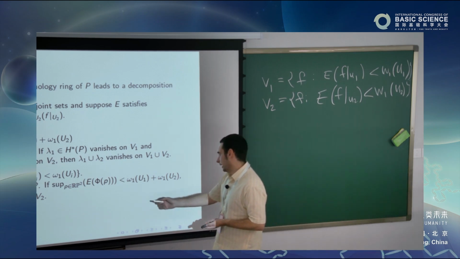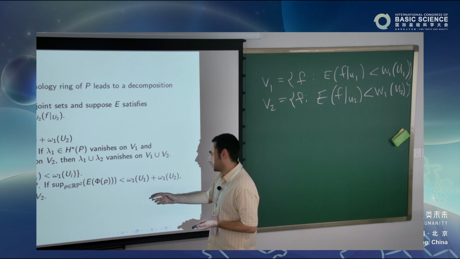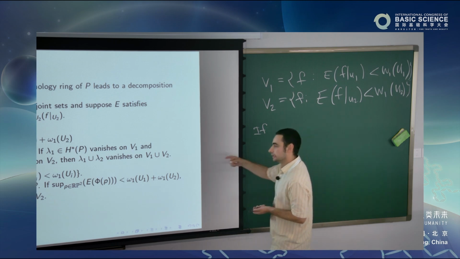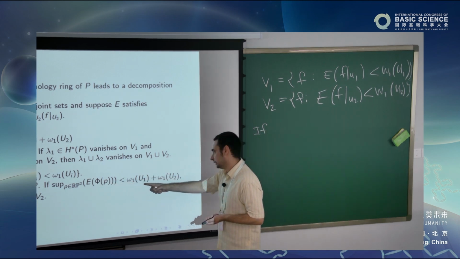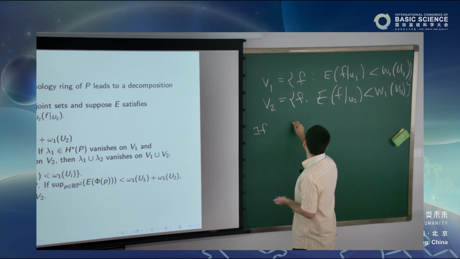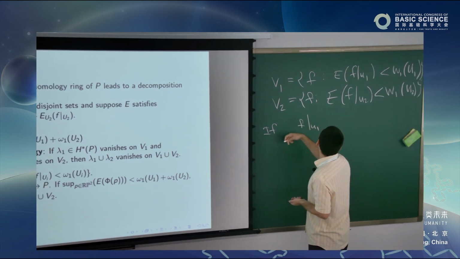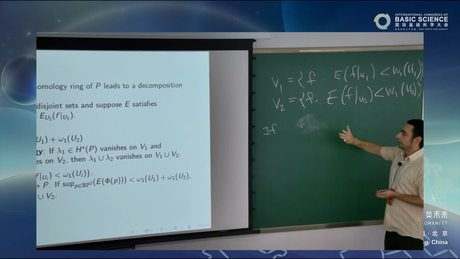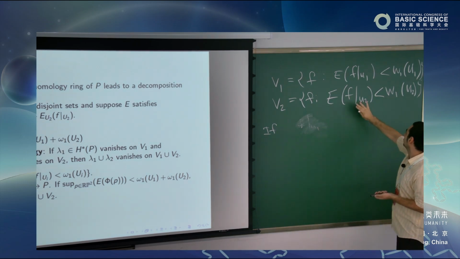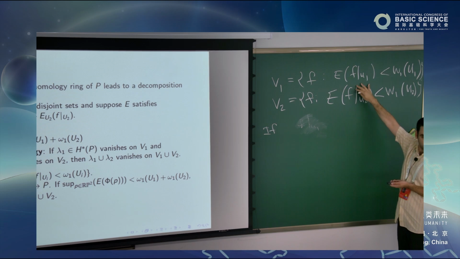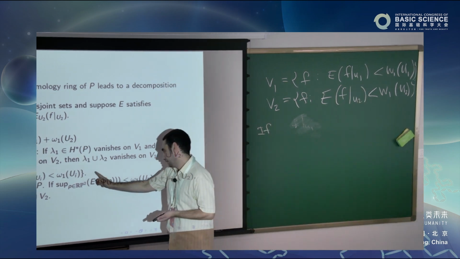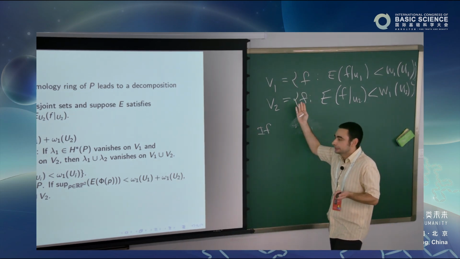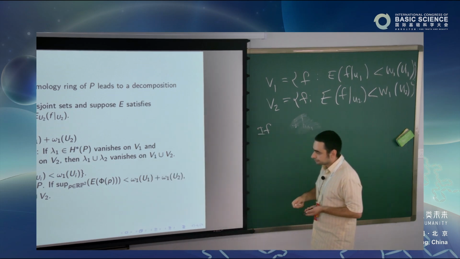Well, if the restriction of f to U1 has energy less than W1 on U1, then it's going to be in V1. And if it's the restriction to U2, then it's going to be in V2, right? So if now the energy is less than the sum, it has to be in either V1 or V2, right? Because if it was in neither, then it would have larger mass. Okay.